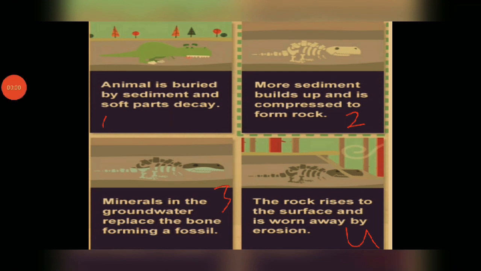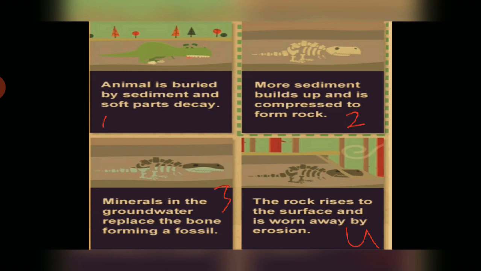When the bone starts to dissolve by water seeping inside the rock, the minerals present in the water recrystallize inside the dissolved part of the bone. Gradually these minerals replace the bone, leaving a rock replica of the original bone, which is called a fossil. First the animal is buried, then different sedimentary layers form upon it.